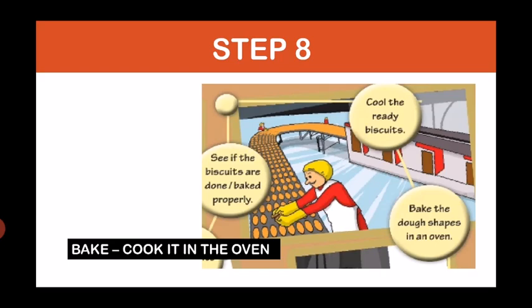Just like cooking, we use cooking food, but it's done on the gas. But for baking, it is when you cook some types of food like bread, biscuits, cakes, cookies, but you require a machine called as an oven.